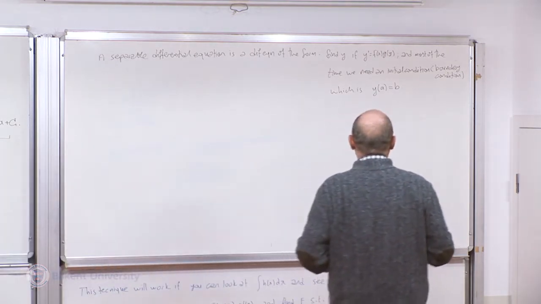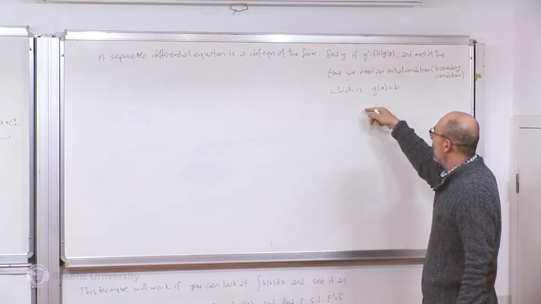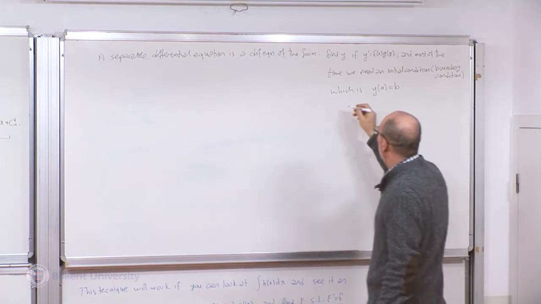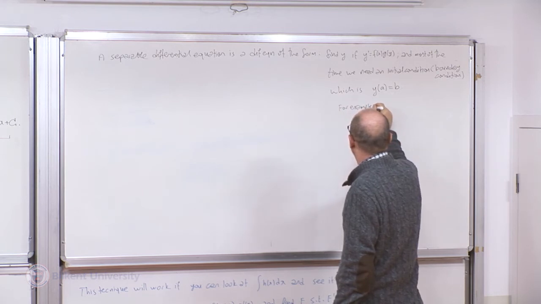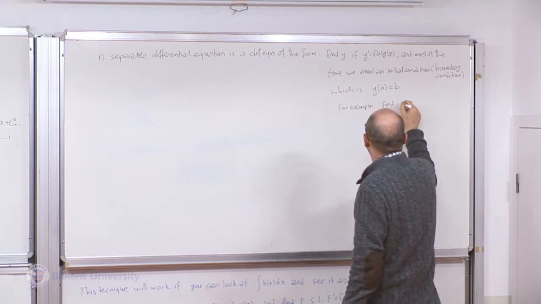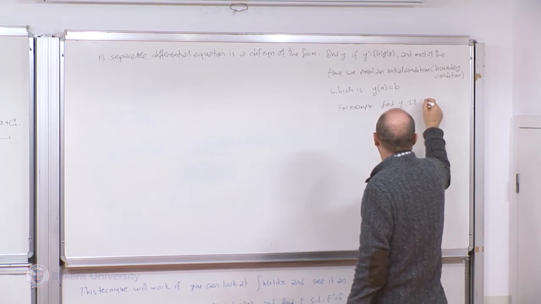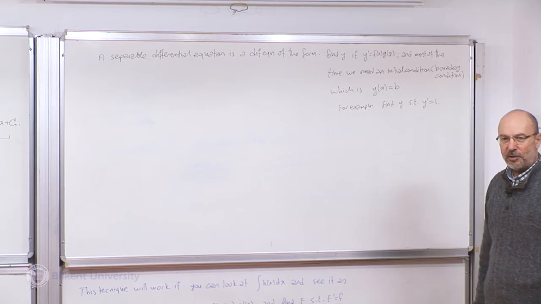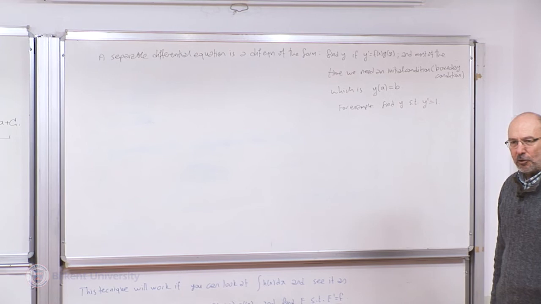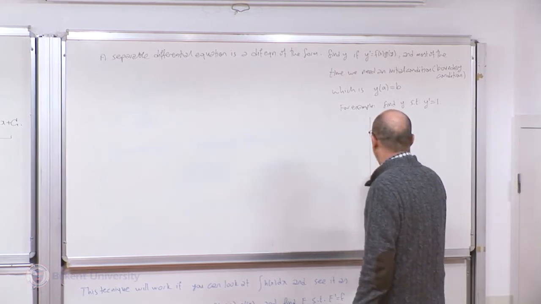Okay. So let me give one other picture here. For example, find y such that y prime is equal to 1. So this is a straight line with slope 1. Which curve is the answer? All of these lines.